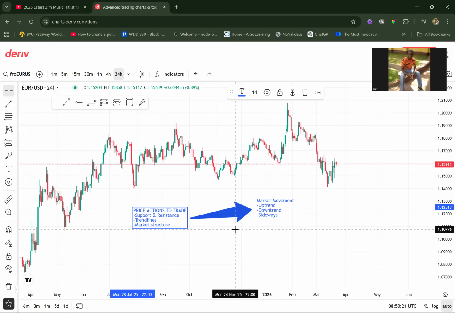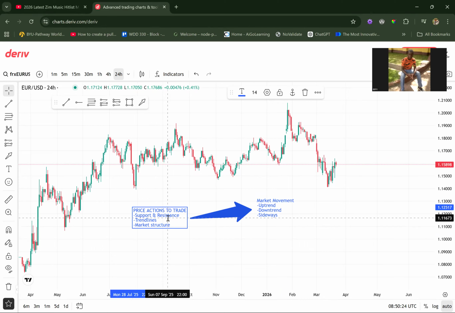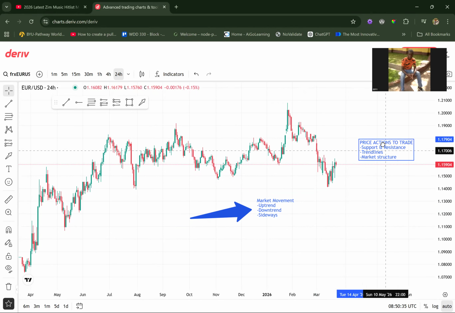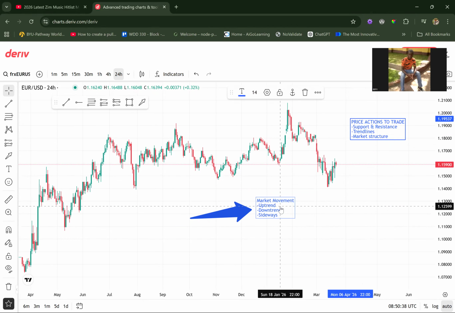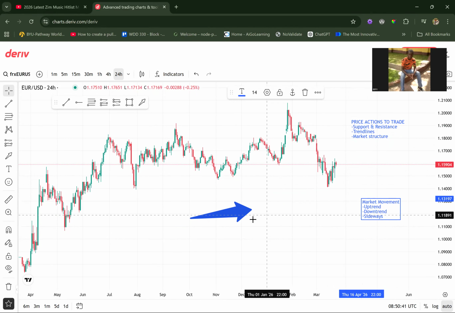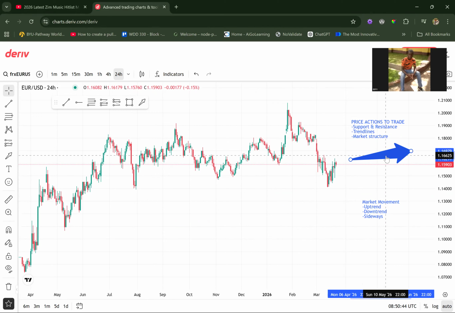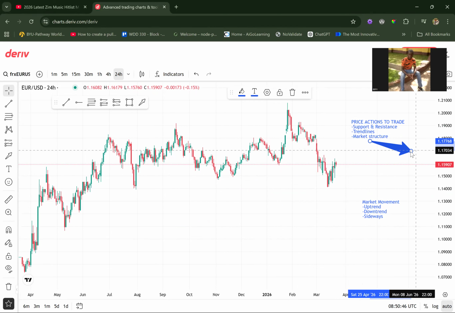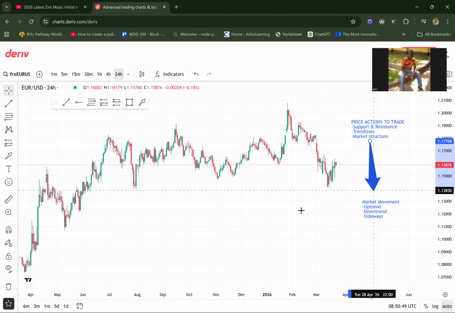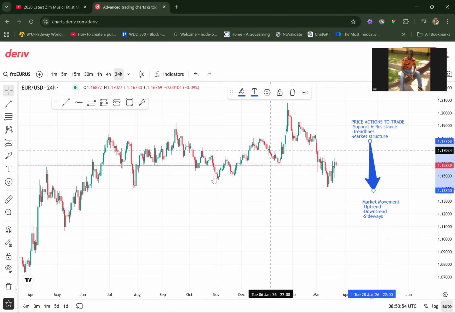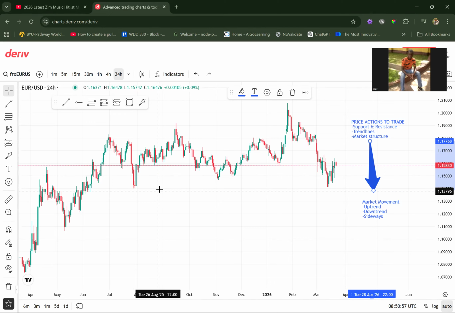Right now we are on our daily. So first we're going to look for the support and resistance, where the market really came and held, like here, we can see the support.